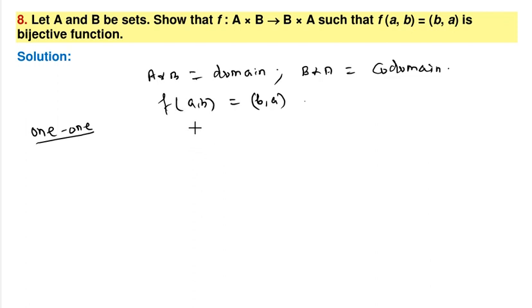f of (A, B) equals (B, A), and f of (B, A) equals (A, B).